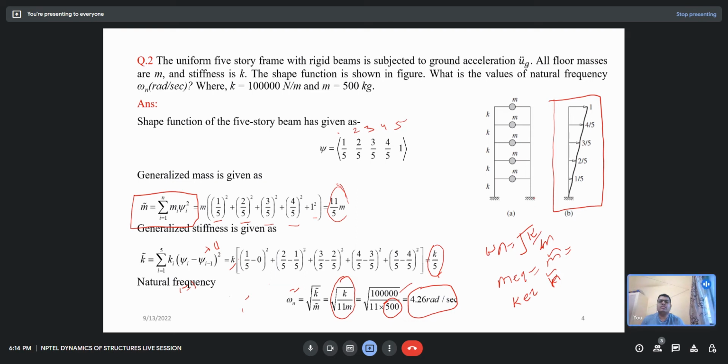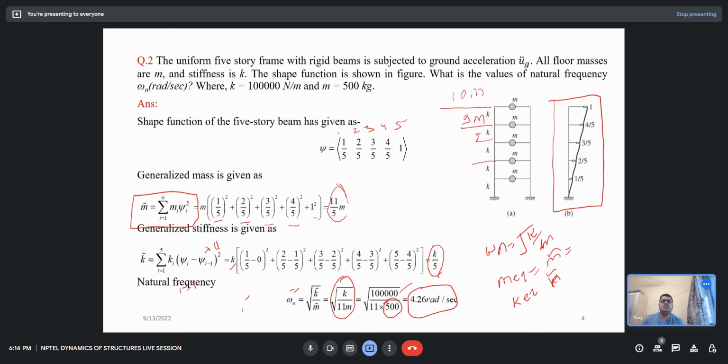No, no, that was the deflection. I have normalized it. Shape function is like the deflection at the top. Say 10 mm is the deflection at the top, at this one I say 9 mm, at the next 8 mm. It is the deflection, not the mass. Okay, that is the deflection.